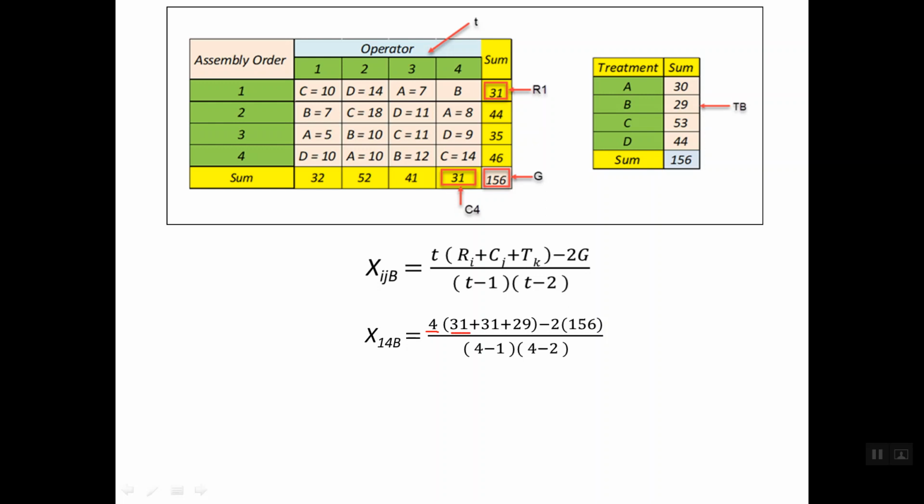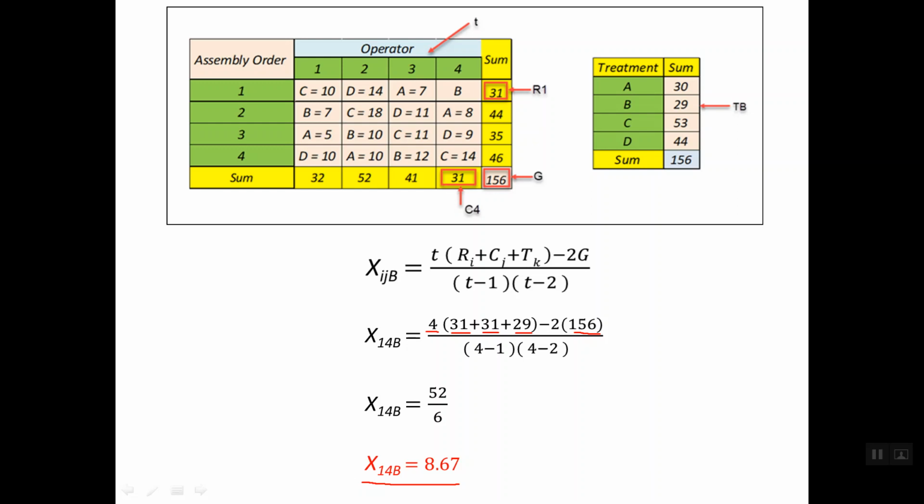This is the total of row 1. This is the total of column 4. This is the total of treatment B, minus 2 times G. This is the capital G, the total observation. Divided by t minus 1 multiplied by t minus 2, 4 minus 1 multiplied by 4 minus 2. So the estimated value, which is represented by X14B, is simply 8.67.